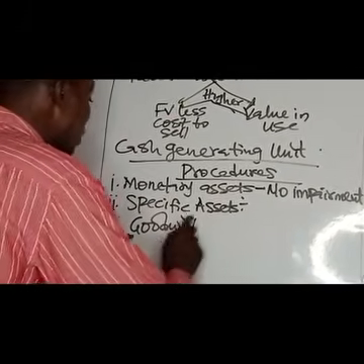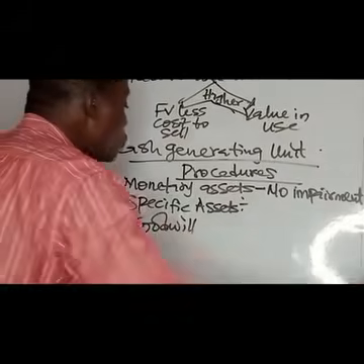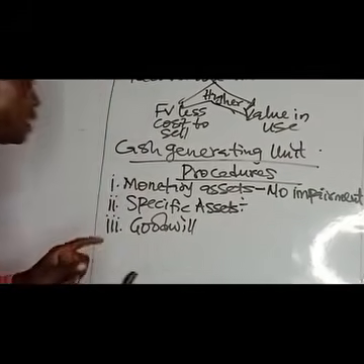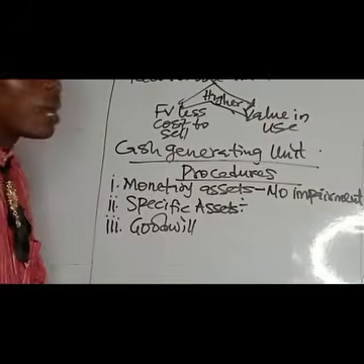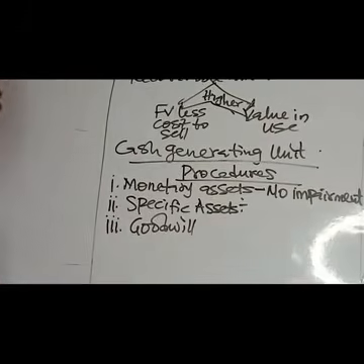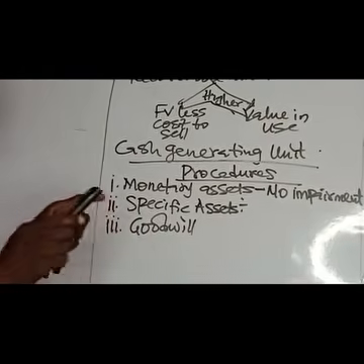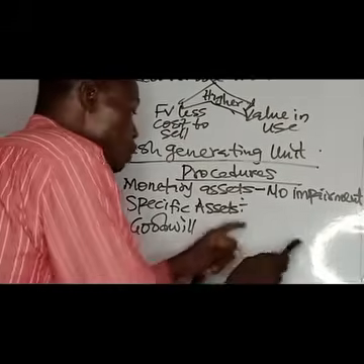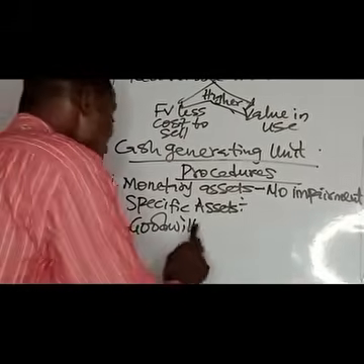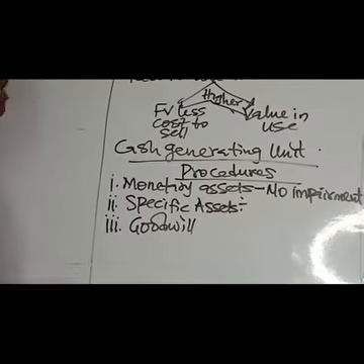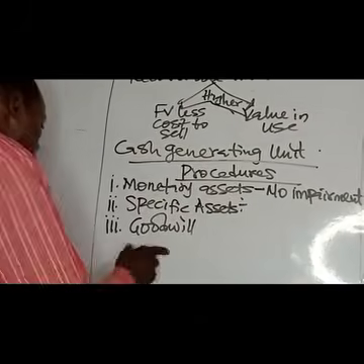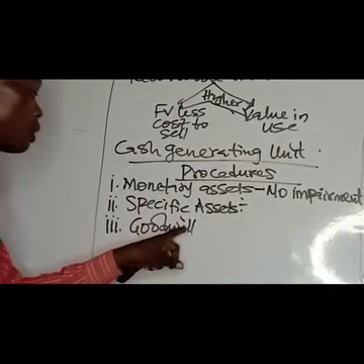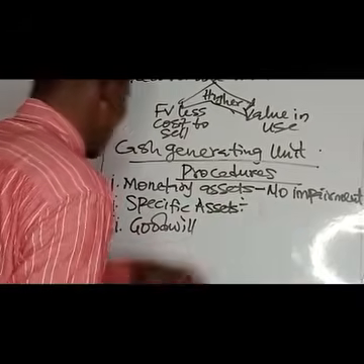The whole of the 120, you are going to allocate to goodwill, since the impairment loss is greater than the amount of goodwill. So, as much as goodwill can absorb, allocate the maximum impairment loss to goodwill.